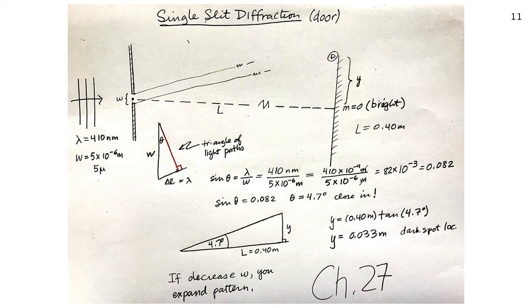So Y is equal to, you've got to use the tangent of theta. Y is equal to 0.40 meters times the tangent of 4.7 degrees, which is what? It's a small angle, so it's going to be a small distance.